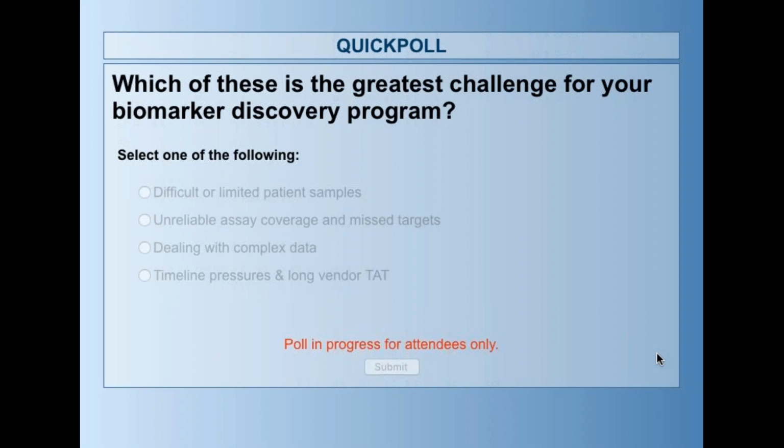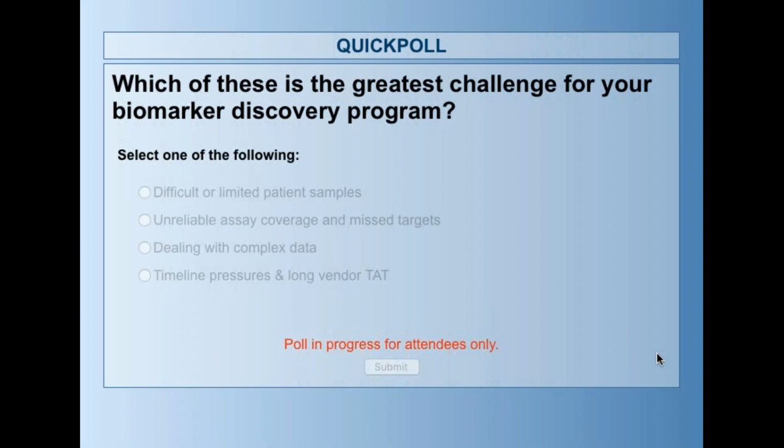And the options we have here are difficult or limited patient samples, unreliable assay coverage and missed targets, dealing with complex data, or lastly, timeline pressures and long vendor TAT. And if the audience could please get their answers in, this first poll question will be closing shortly. And once again, this poll question is asking, which of these is the greatest challenge for your biomarker discovery program?